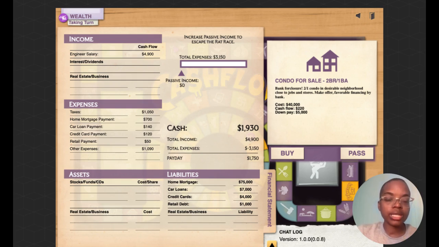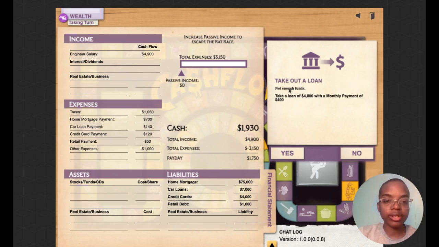Now, for this type of deal, I think I might just buy to show you all how that part works. So if I click buy, you can see I don't have enough funds. So I'd have to take out a loan of $400 with a monthly payment of $400.